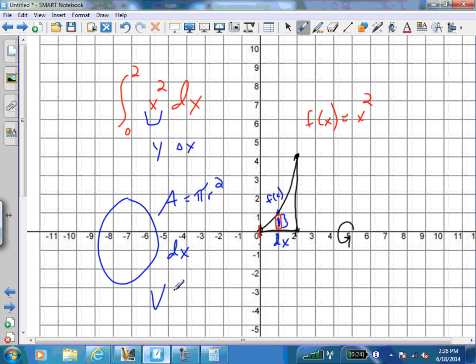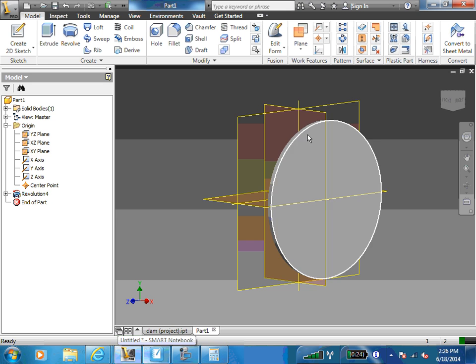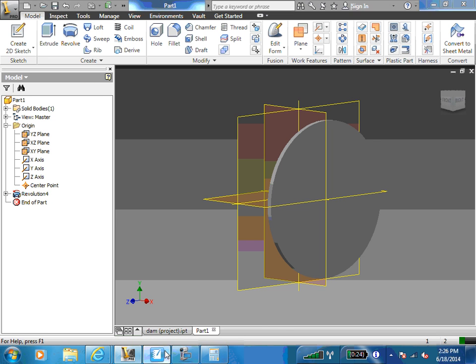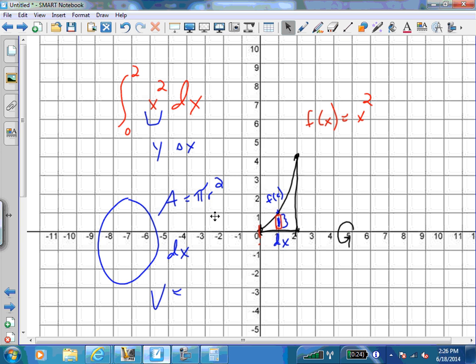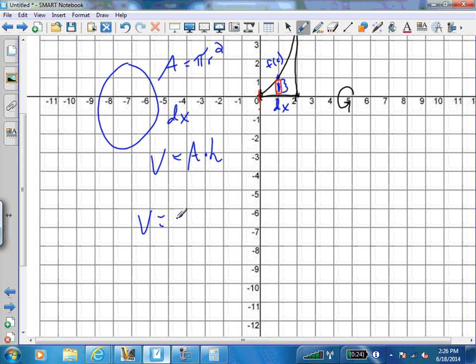dx. Anytime, we discussed this back in Calc 1, when we were looking at different volumes, if you have the same cross-sectional area throughout the shape, like here where we have that same size circle throughout that thickness, the way you calculate the volume is you take the area times the length or the height of it. Our area is pi r squared.